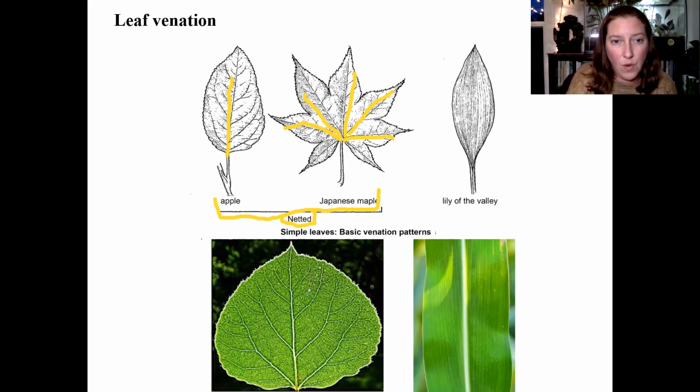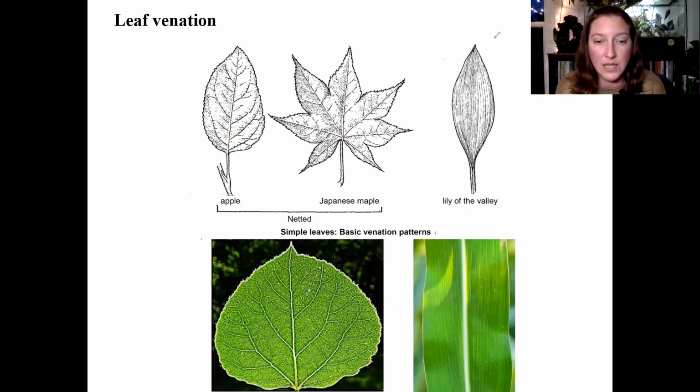Here's another way to think of a net. These things I'm drawing on are the veins of these leaves, by the way. This one doesn't have that. This one has veins that just go like this. On the bottom, you see actual leaves doing this, whereas the one on the left bottom is showing you a net-like vein pattern, or net-like venation. The one on the right is showing you vein patterns similar to the lily of the valley, right?